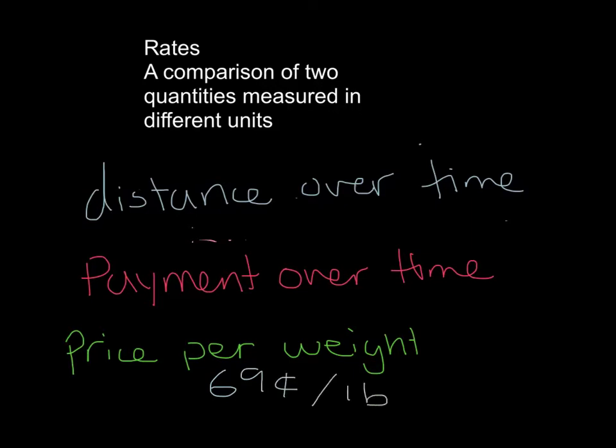So for each pound of apples I pay 69 cents. It could be the price of a bag of jelly beans, maybe $4.50 for a 100-gram bag. So again, the cost of the bag over the weight of the bag.